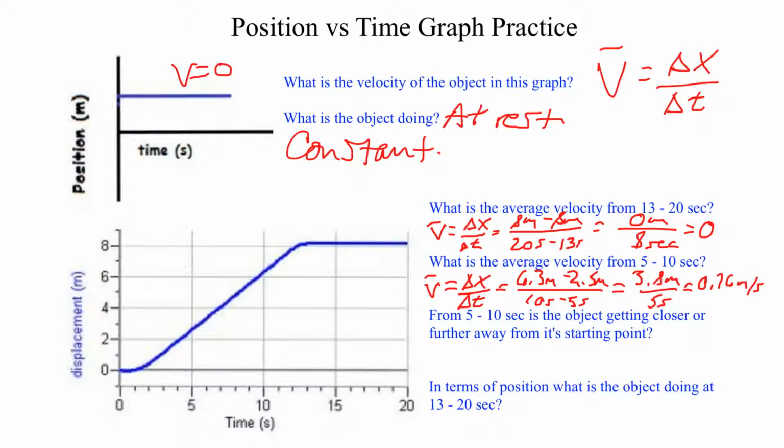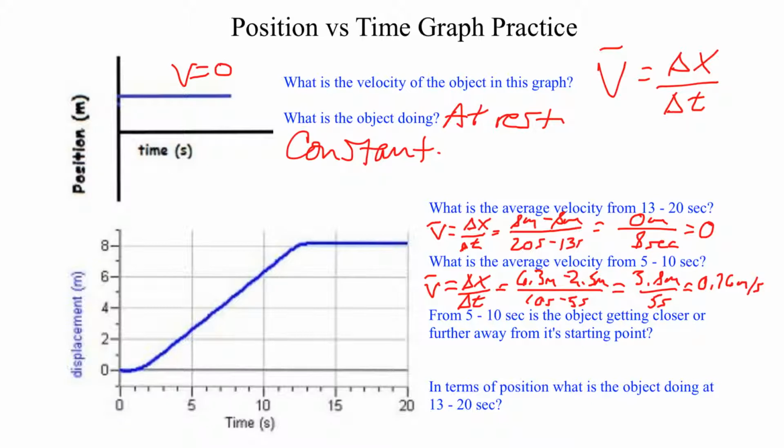Okay, let's look at the next one. From 5 to 10 seconds, is the object getting closer or further away from its starting point? Here's 5 seconds, 10 seconds, and here's the object. Here's where the object started, at its origin. The displacement from 5 seconds to 10 seconds shows that the object's displacement, or its change in position, is increasing.